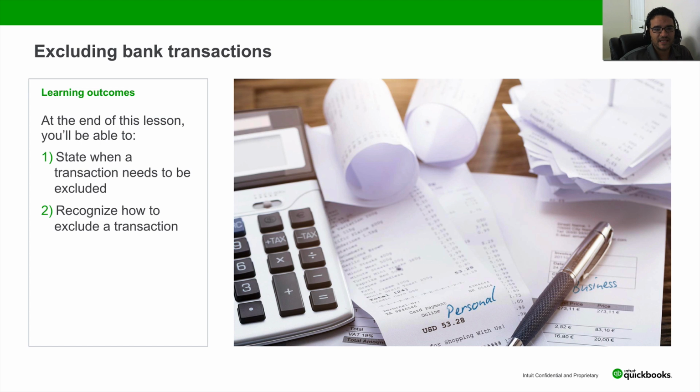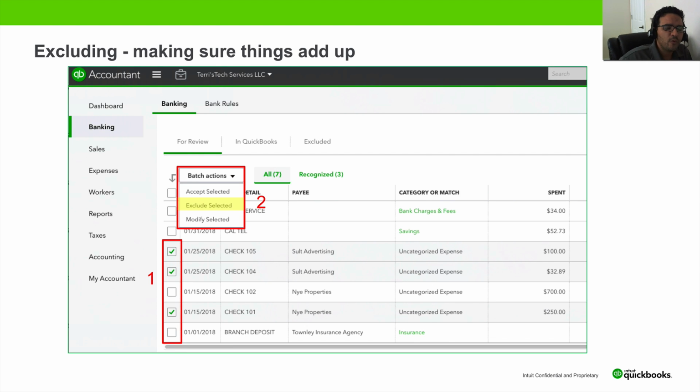Excluding bank transactions. Here we're going to talk about excluding bank transactions, which means that the bank downloaded the transactions and we don't want to put them in QuickBooks. Why would we want to exclude bank transactions? A couple of important use cases: let's say we have already reconciled the bank all the way up to January 31st, 2018.